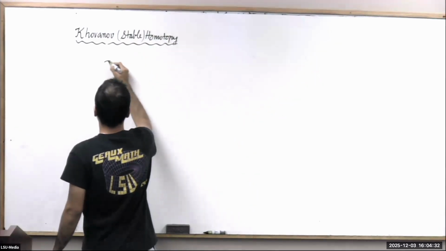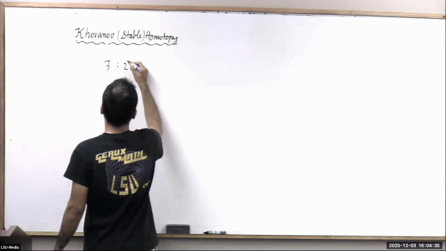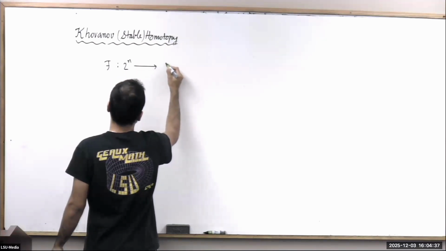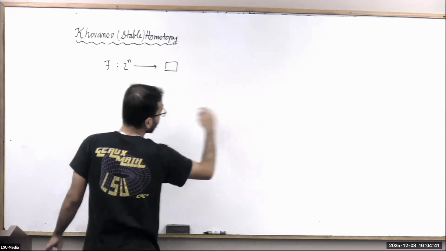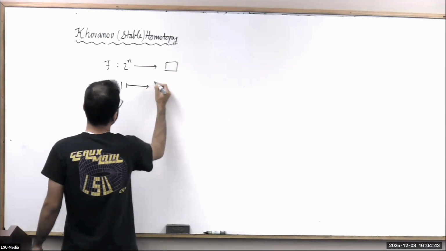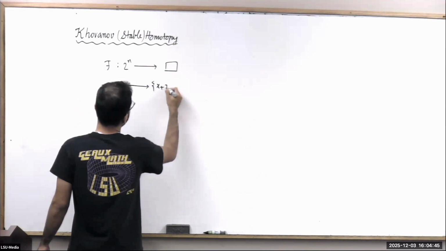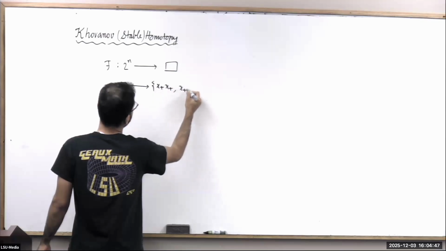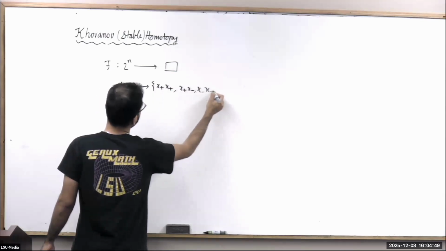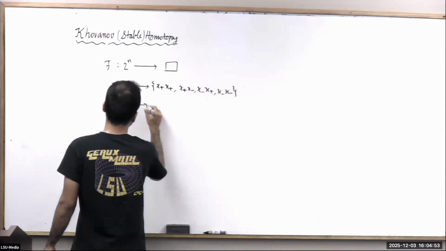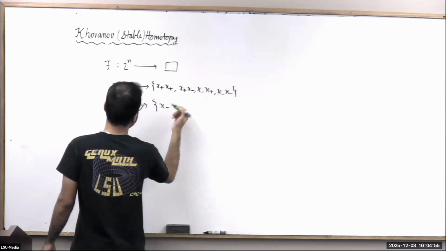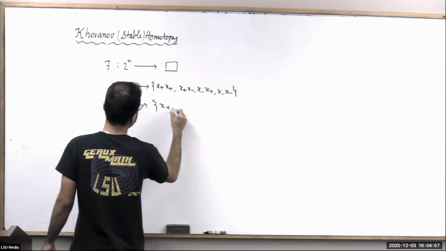For example, over there, 1 is getting mapped to x plus, x plus, x plus, x minus, x minus, x plus, and x minus, x minus. And 0 is getting mapped to x minus, x plus, x minus.